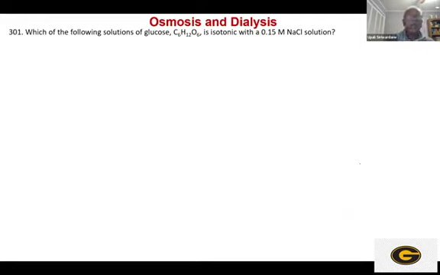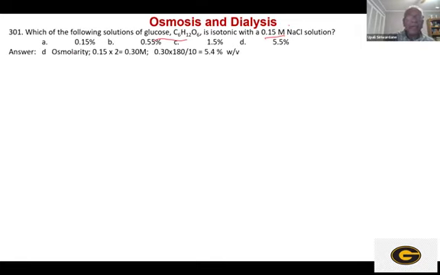Let's answer this question. Glucose, isotonic to... I did the calculation. You calculate the osmolarity of 0.15. This is 0.3. Osmolarity of sodium chloride is 0.3.